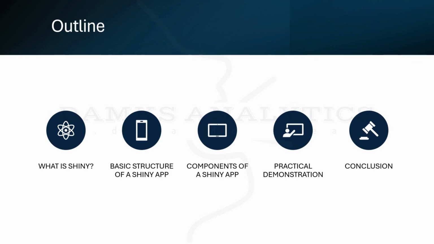Then we'll go into RStudio to demonstrate something very, very simple. At this point, we won't be developing any machine learning stuff, but I will introduce you to some basic stuff on how to develop a web application using R Shiny. Then we conclude.